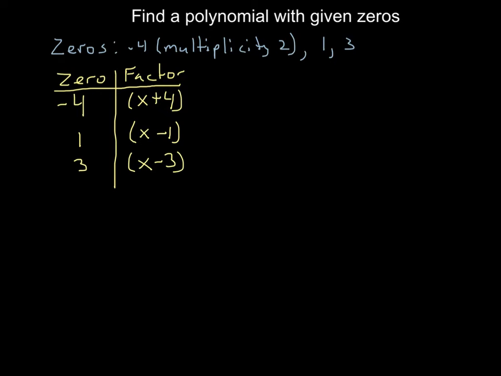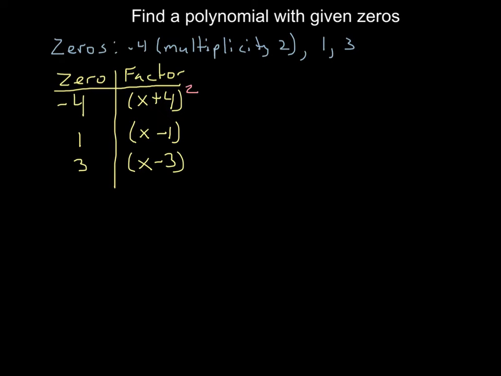The fact that it has a multiplicity of 2 also tells me that it should be squared, so one of the factors of our polynomial would be x plus 4, that quantity squared. Then we know that 1 is a 0, so that tells me x minus 1 is a factor. And we know that 3 is a 0, so x minus 3 will be a factor.